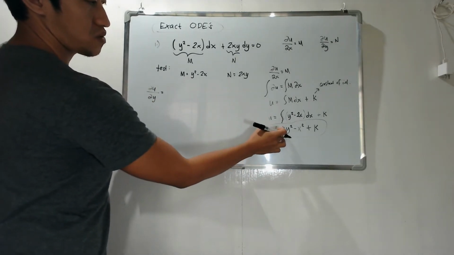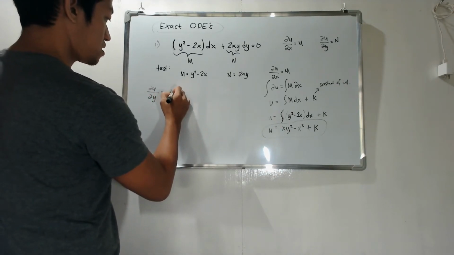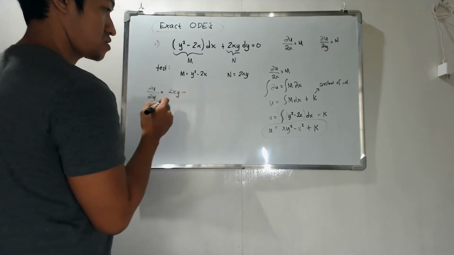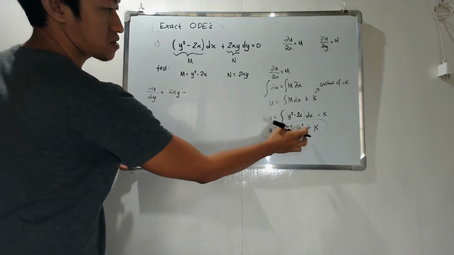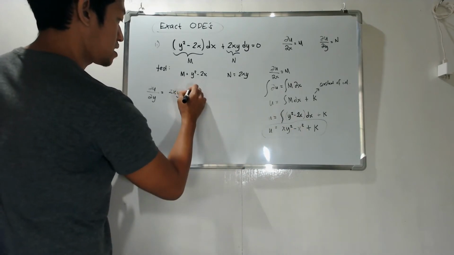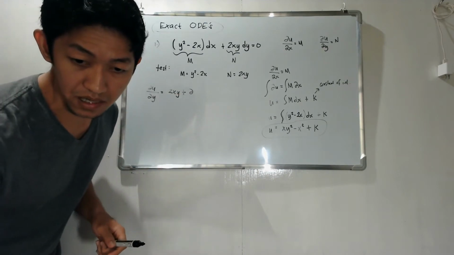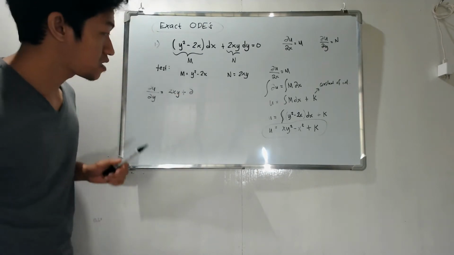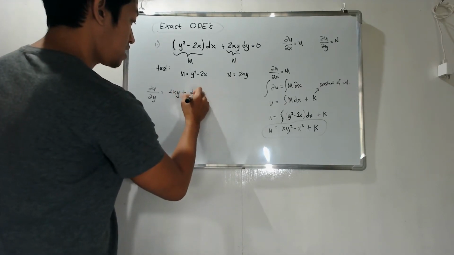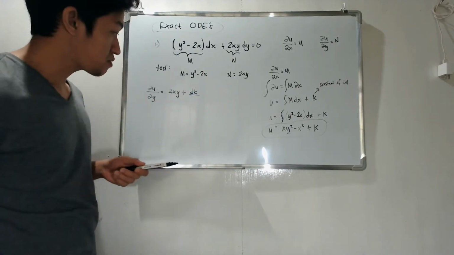Okay, if we differentiate this one with respect to y, we will have 2xy minus, there's no y here so 0, plus the derivative of k with respect to y. Derivative of k with respect to y.